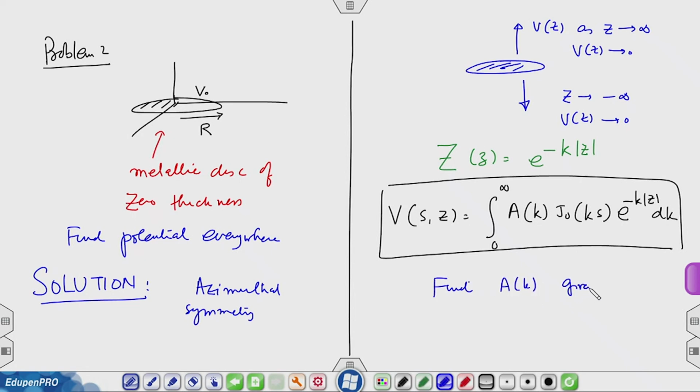And our job is to find A(k). Given V(s, z equals 0) is equal to V 0 for s between 0 and R and 0 for s greater than R. So, we have now task cut out for us.